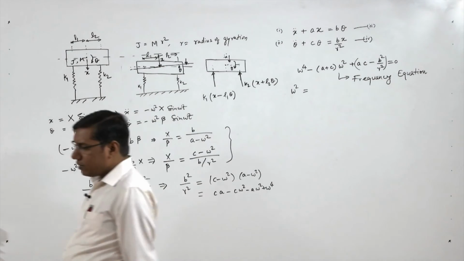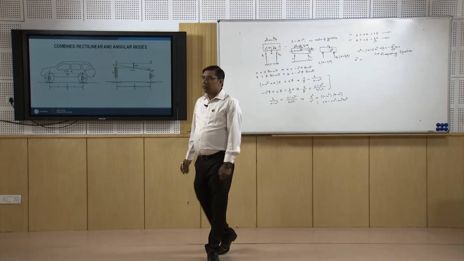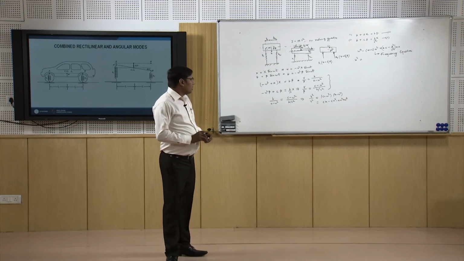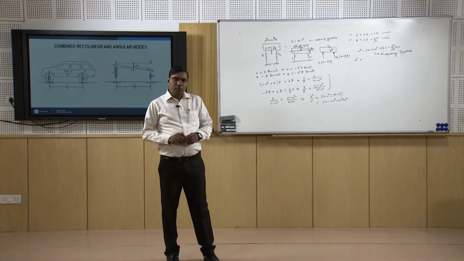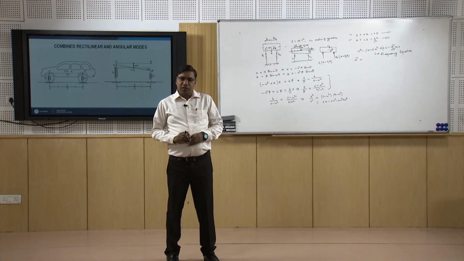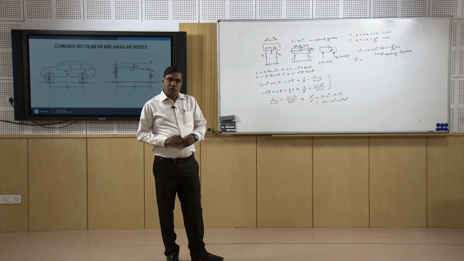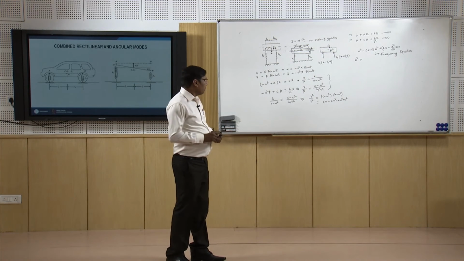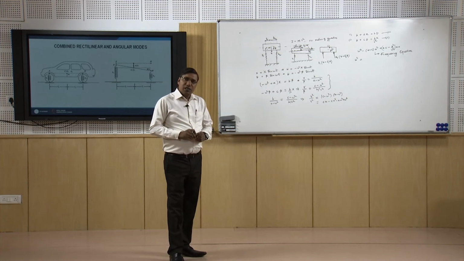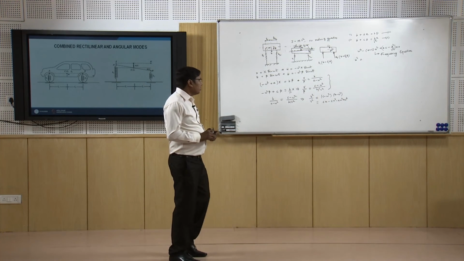So it means that when we solve this frequency equation, we will get the natural frequencies of this system. So we will get two natural frequencies that are real, and so we will solve it.